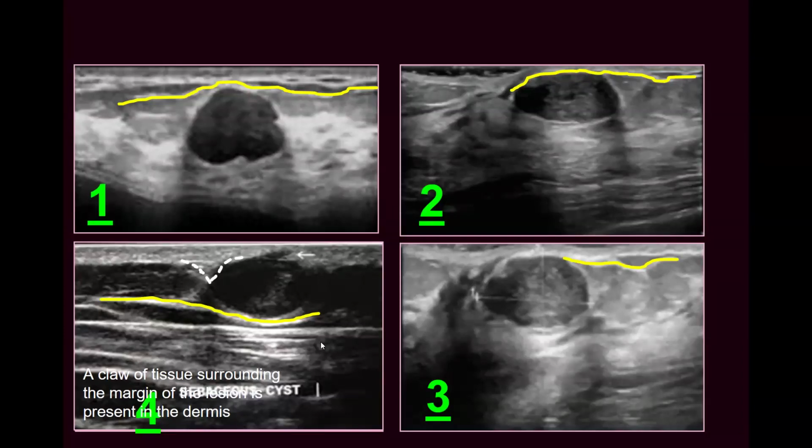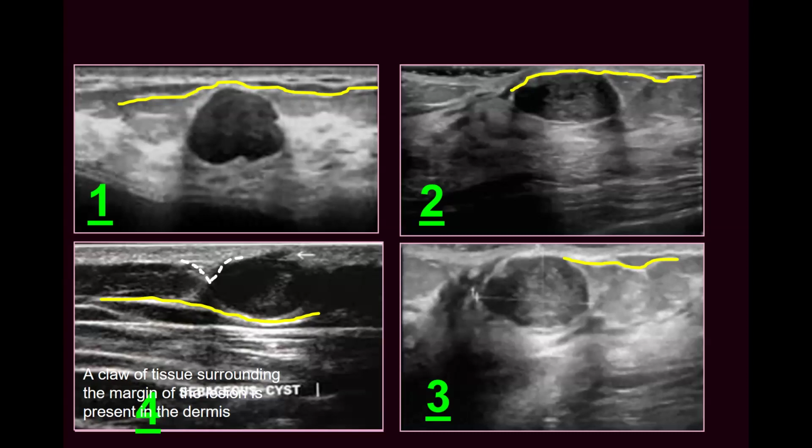Except for this one, these are my patients. I was wondering, when I saw this lesion abutting the skin and even elevating the skin, surrounded by fat, is it dermal in origin? Or does it arise from a TDLU in the hypodermis? So I tried to find something to differentiate between these types of lesions.